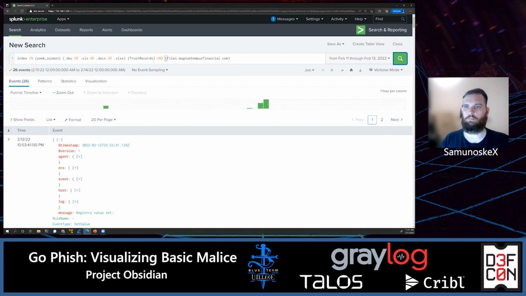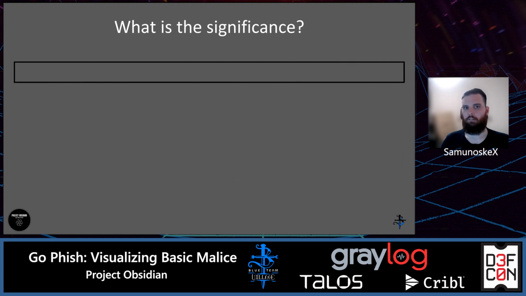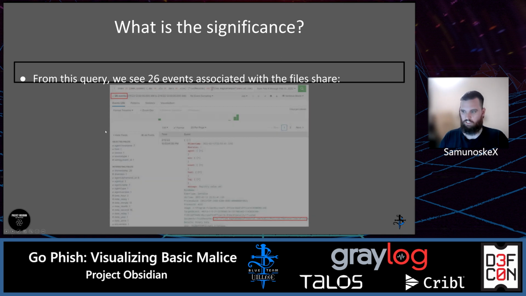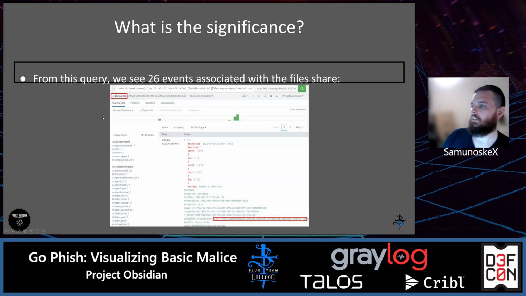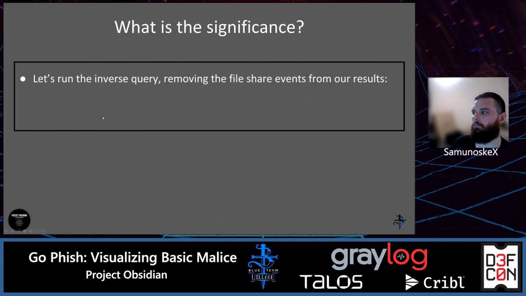So going back, we saw 26 events associated with the file share. So now let's do the inverse, removing the file share event from our query.